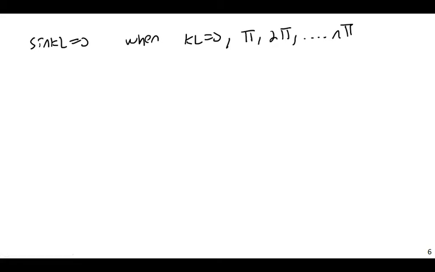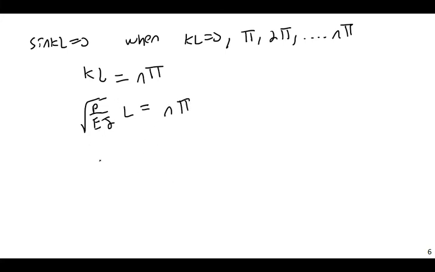It's going to be 0 whenever you have a certain pi term. So in turn, our overall KL is equal to n pi. And putting back in the k that we had previously, root P over EI times L is equal to n pi.